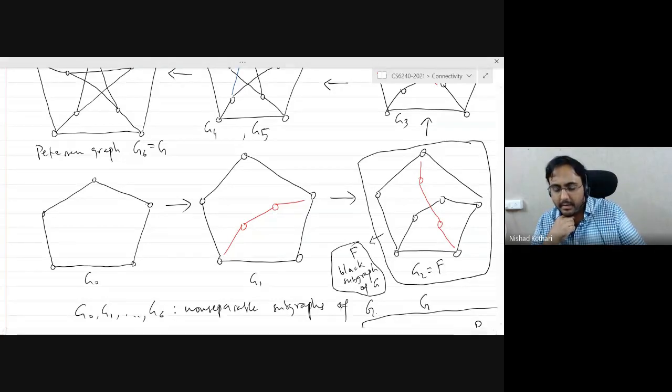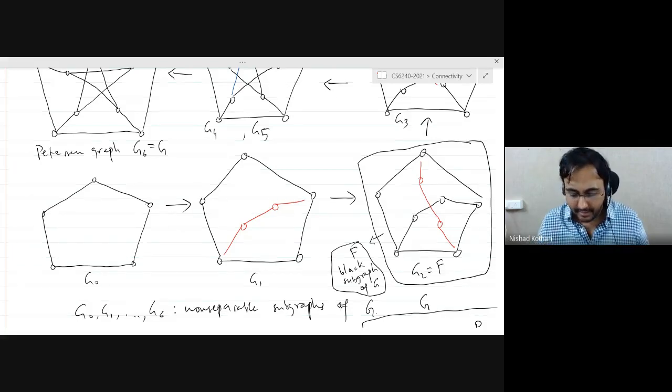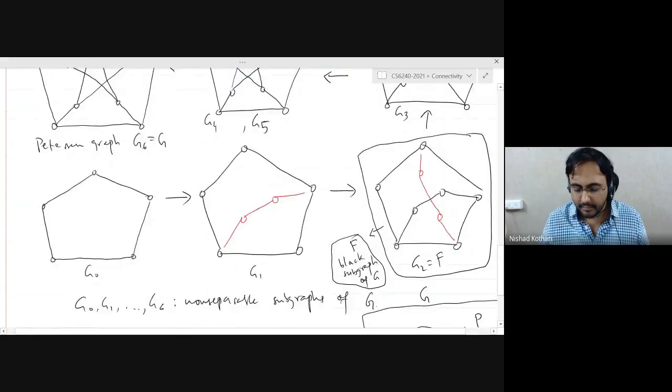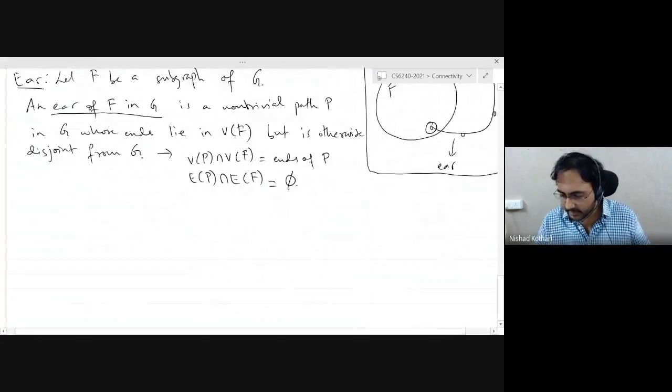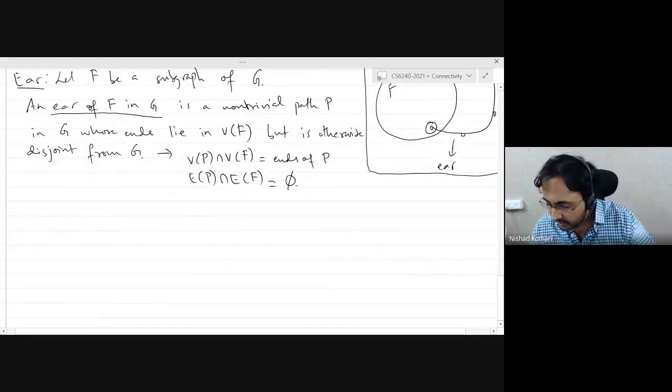So the red colored path is an ear of the black colored subgraph in the graph G. Okay, so it's a bit tricky because the ear is not part of the F itself. Anyways, this is just terminology to make things easier to say. All right.